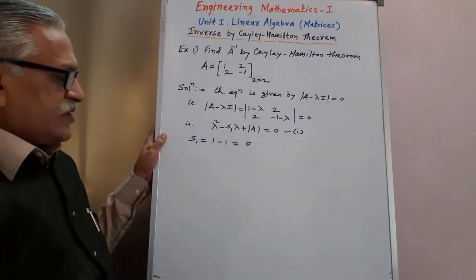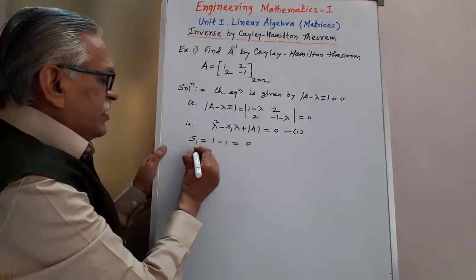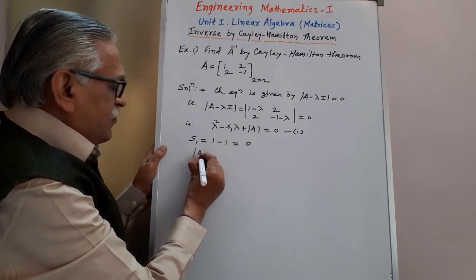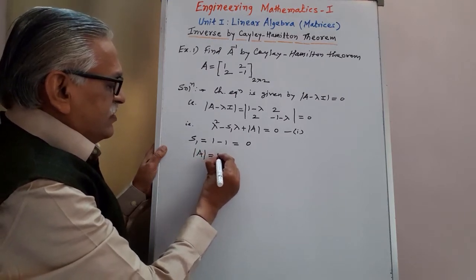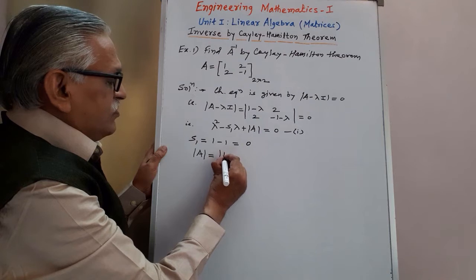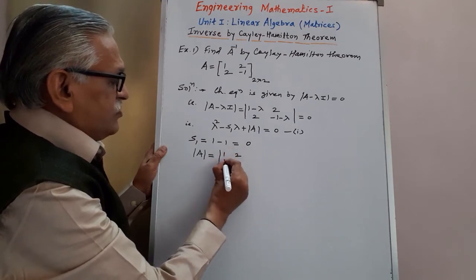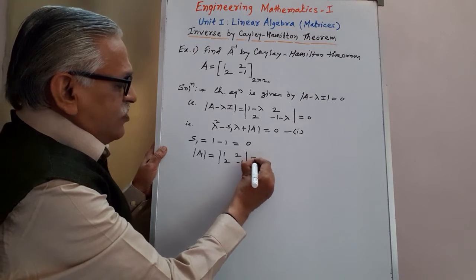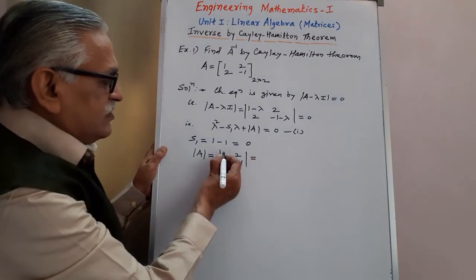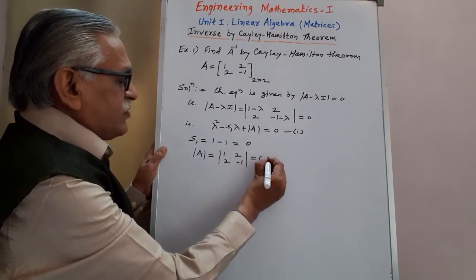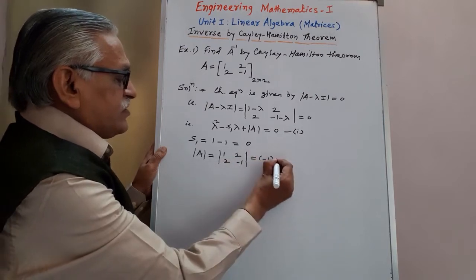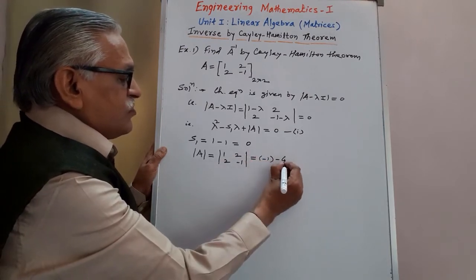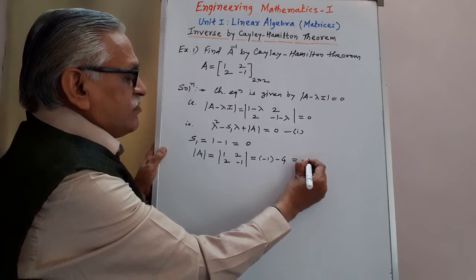The value of s1 is 0. Then we find the determinant of A as the determinant of 1, 2, 2, minus 1. Therefore 1 into minus 1 we get minus 1, minus 2 into 2 is 4, and therefore that value is minus 5.